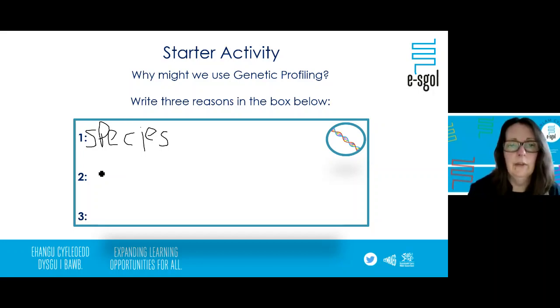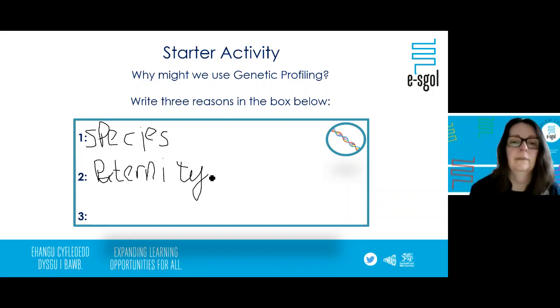It can also be used, genetic profiling, in paternity testing, to see whether somebody is the father of a potential child. So that is a very important use of genetic profiling. Okay, so paternity testing is our second possible use.